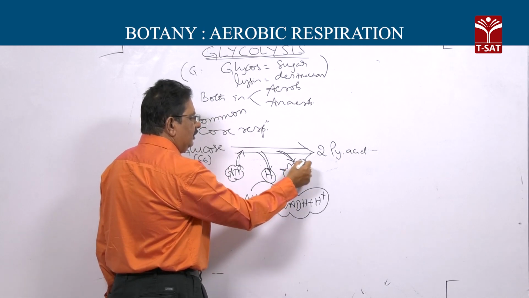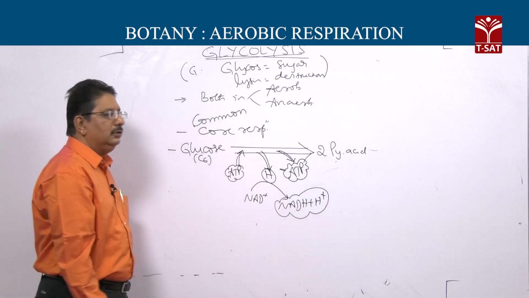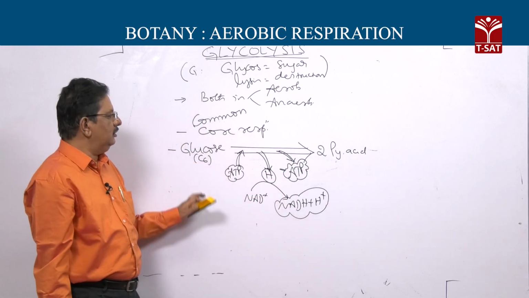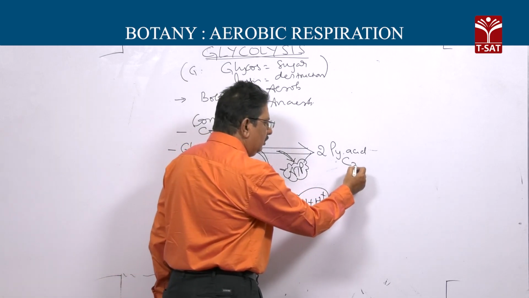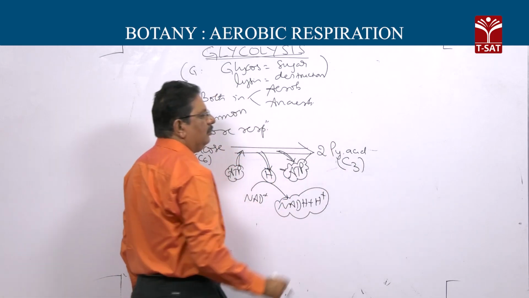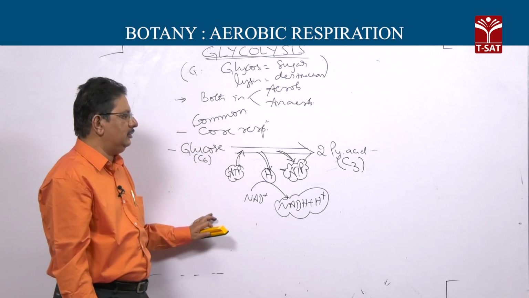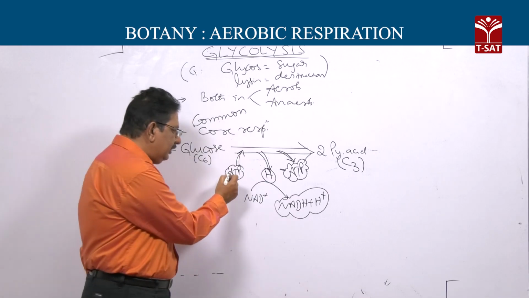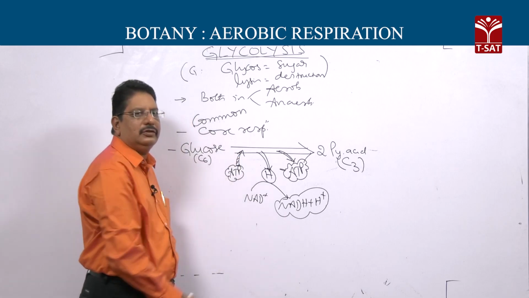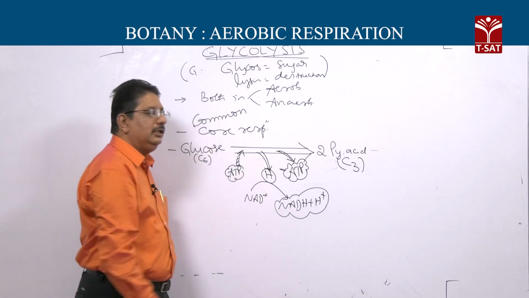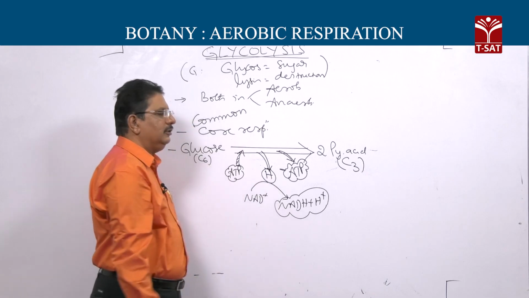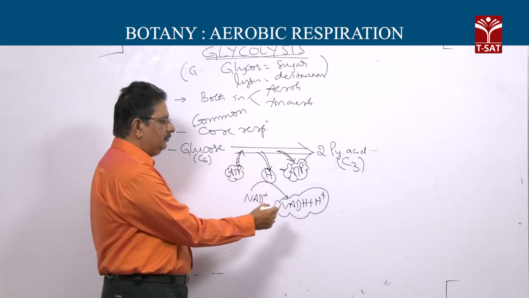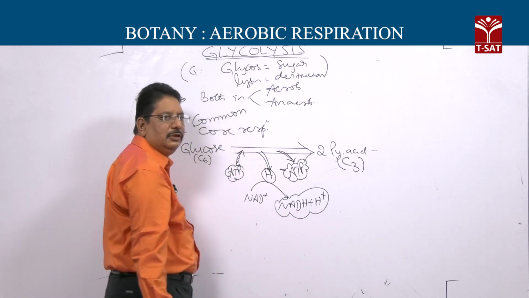So, in summary, in glycolysis a hexose molecule is converted into two molecules of the C3 compound pyruvic acid, during which ATP is utilized, ATP is synthesized, and hydrogen atoms are removed to form NADH plus H plus.